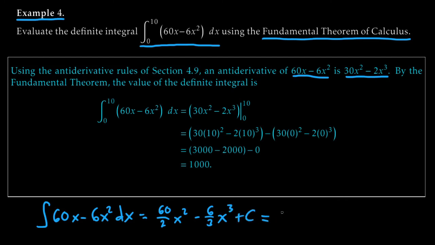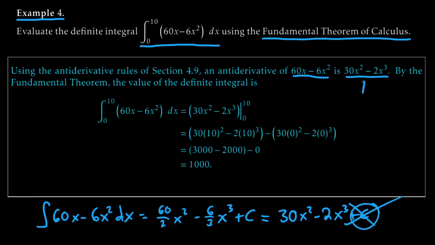Doing a little simplification, this just turns into 30x squared minus 2x to the third plus the constant. Since we can choose any antiderivative we want, let's make our lives easy and take that constant to be 0. Get rid of it. No constant left.